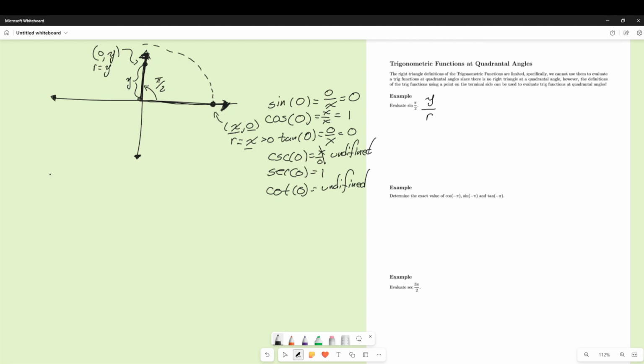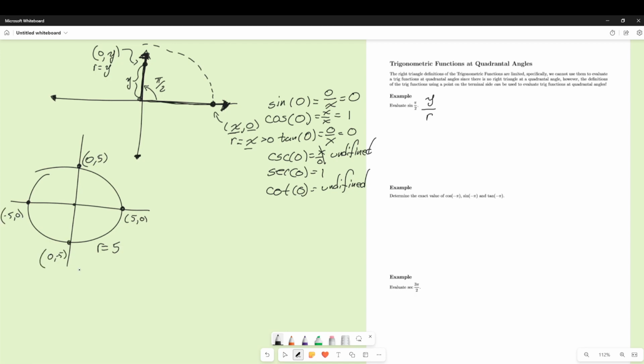If you have a circle of radius 5, it's going to go through the point 5, 0, and the point 0, 5, and the point negative 5, 0, and the point 0, negative 5.